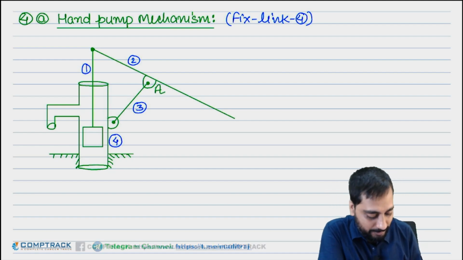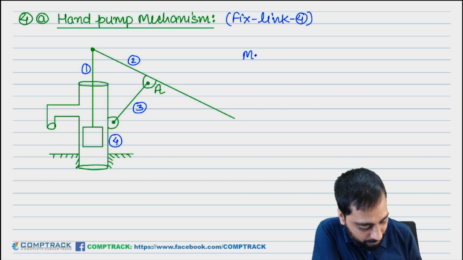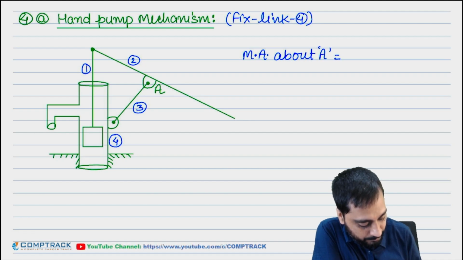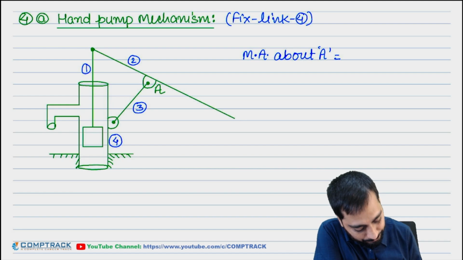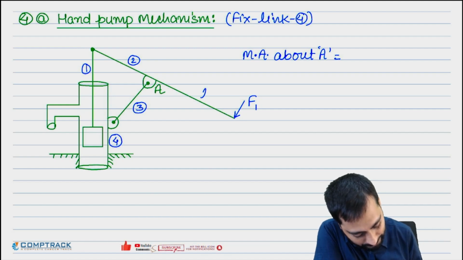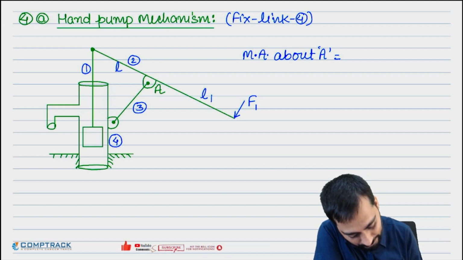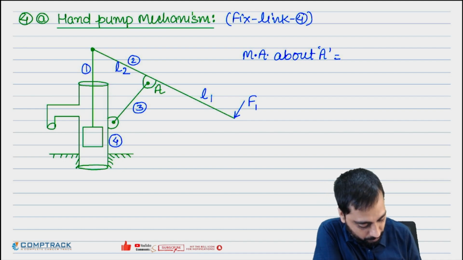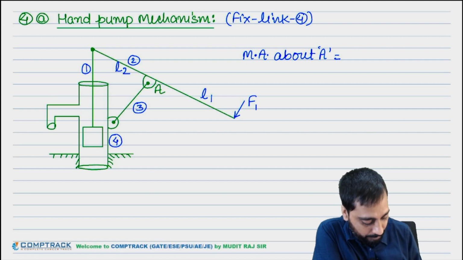So mechanical advantage about O. A लिख दिया. So here let's say you are applying force F1 and this length is L1 on this side, this length is L2 on this side. F1 into L1 will be the torque like this.